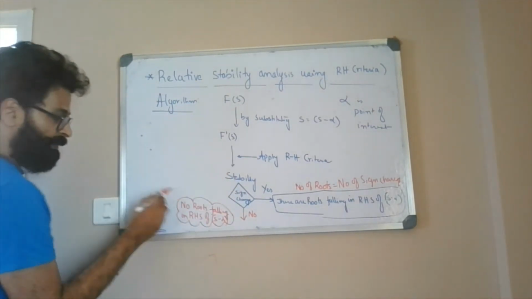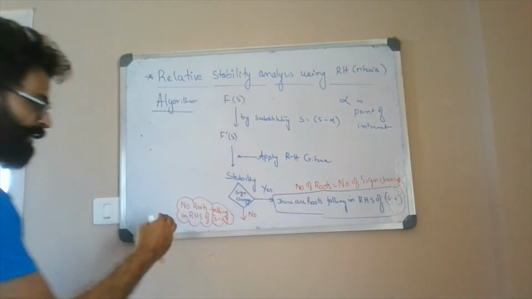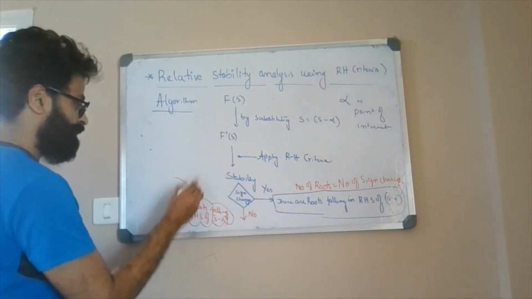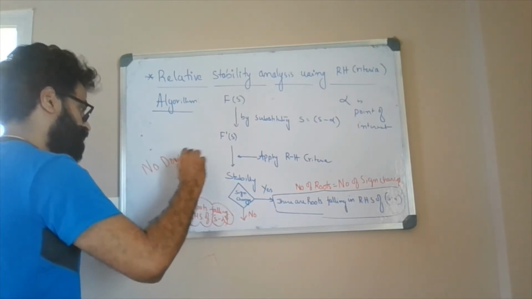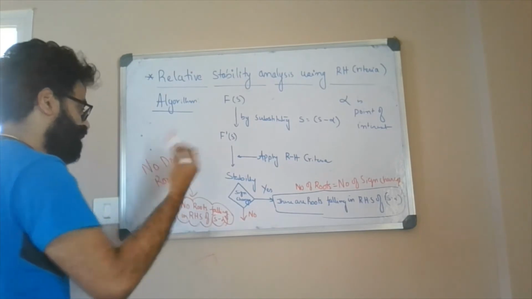That means no roots are lying on the RHS of s minus alpha, so you can say there are no dominant roots.